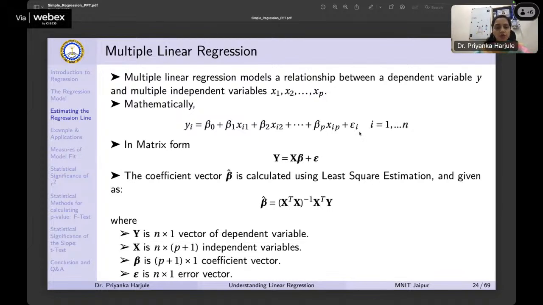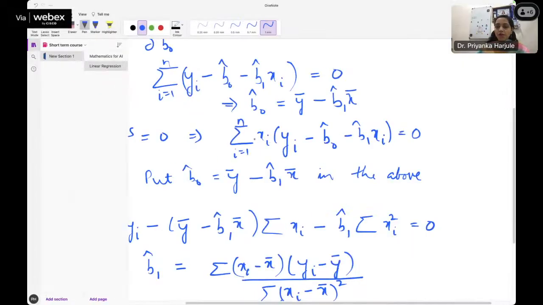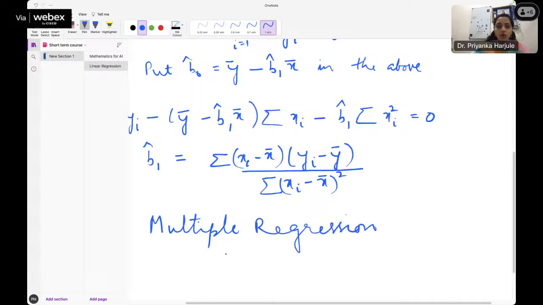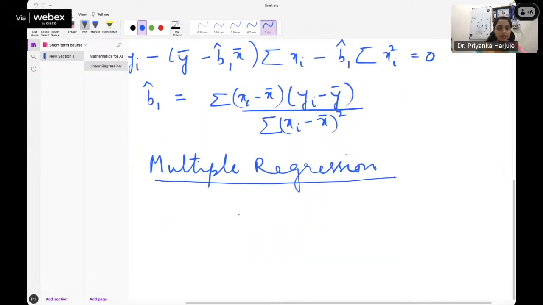In terms of our optimization problem, again we want to minimize the sum of squares. So for the multiple regression case, the goal is again to minimize the RSS, that is the residual sum of squares.